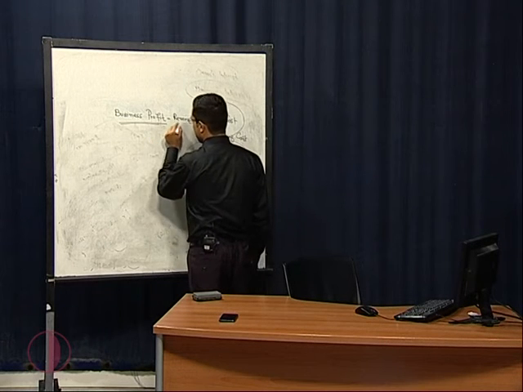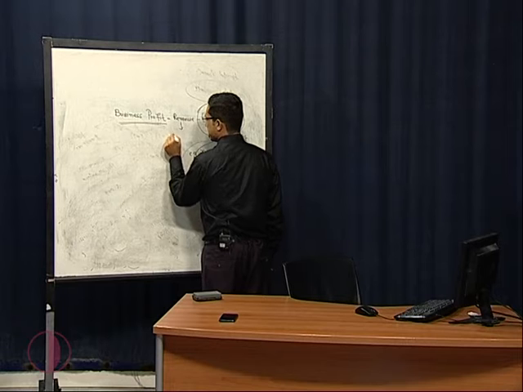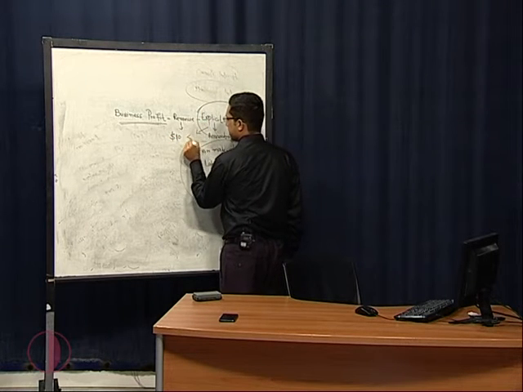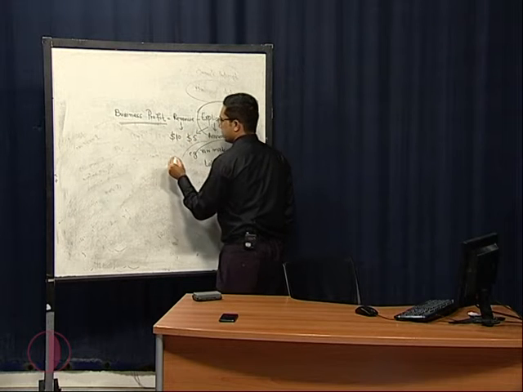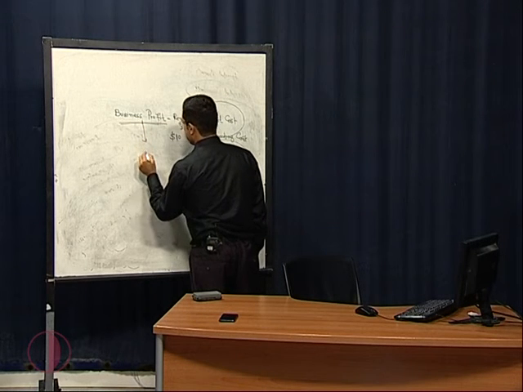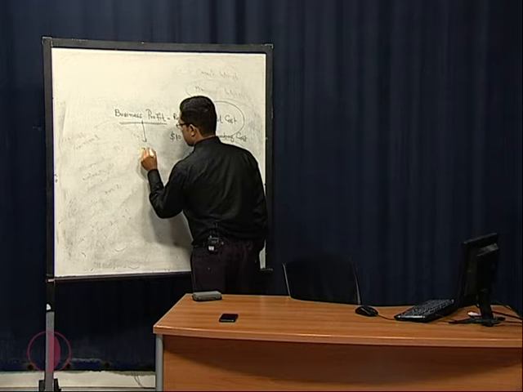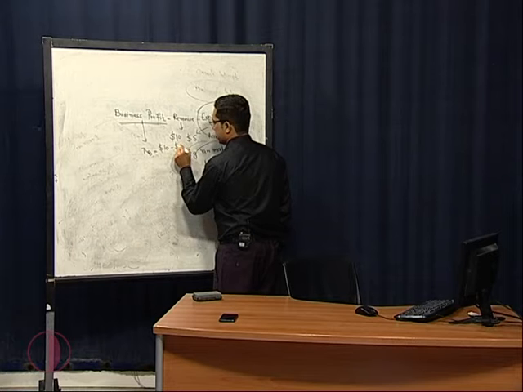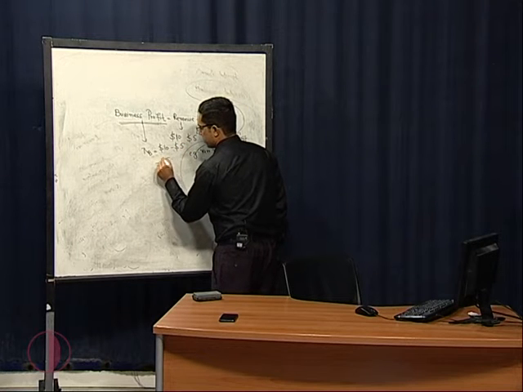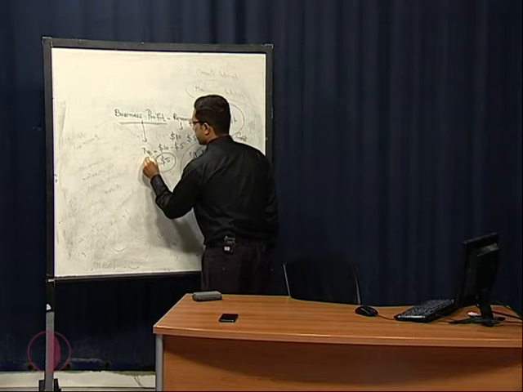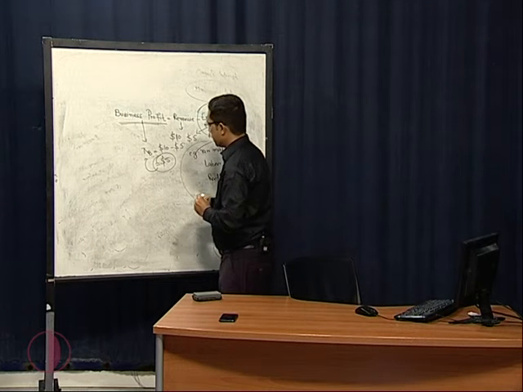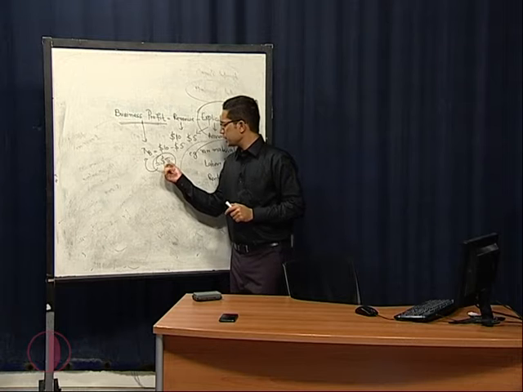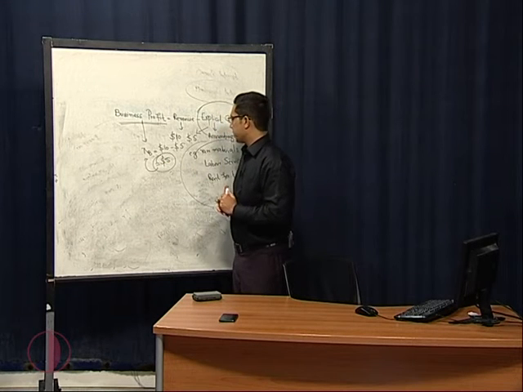For example, if this revenue is $10 and this cost is $5, we can say that business profit is $10 minus $5 equals $5, it means that the firm is getting $5. This is the total profit of the firm.